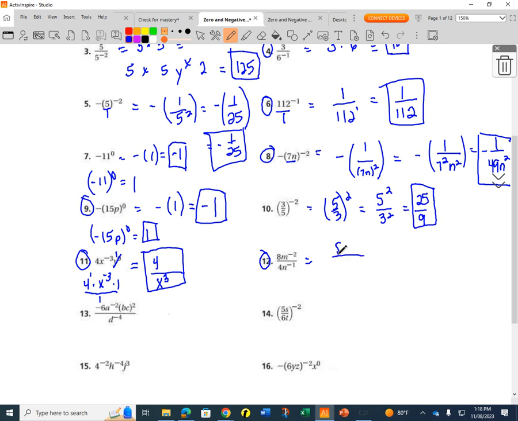Positive exponents stay, and negative exponents in the top we push to the bottom. Now, if there's a negative exponent in the bottom, what do we do?